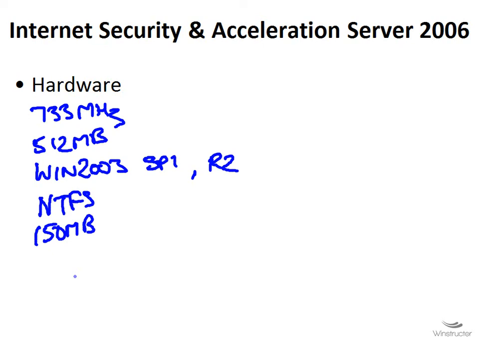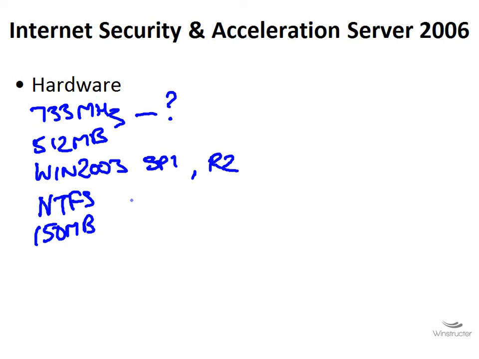Alright, well, let's be real here. These minimum specifications are pretty pathetic. I mean, a 733 megahertz CPU, 512 meg of RAM, 150 meg hard disk? I mean, come on. If you can't exceed these minimum hardware requirements anyway, there's something wrong with you. So go out and buy something new.